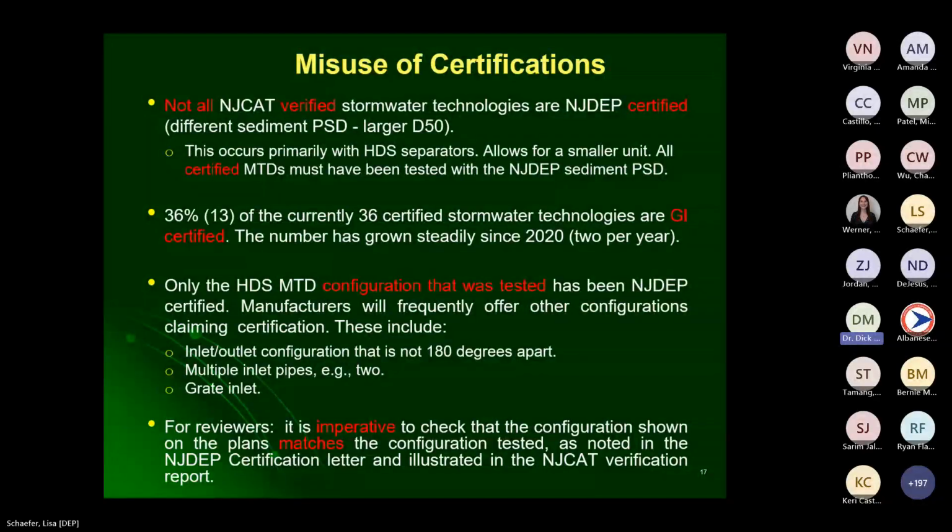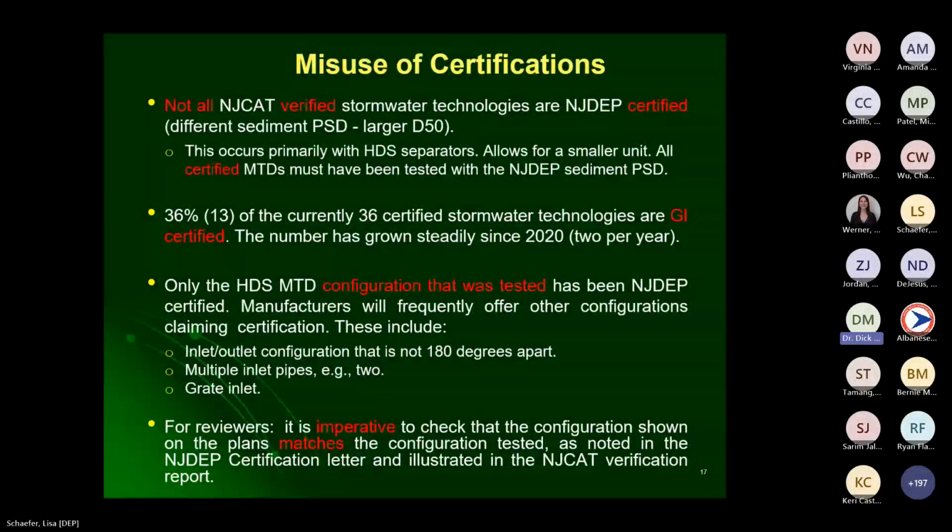I have not yet seen a multiple inlet pipe tested. In other words, 2 inlet pipes, 1 outlet pipe. But if they can prove that the performance is the same as the original one, then they're good to go. And a grate inlet, I can see would fit for one type of design I have, and I'm expecting to see that they're going to come in with some testing on a grate inlet, because it obviously opens up the marketplace for them.